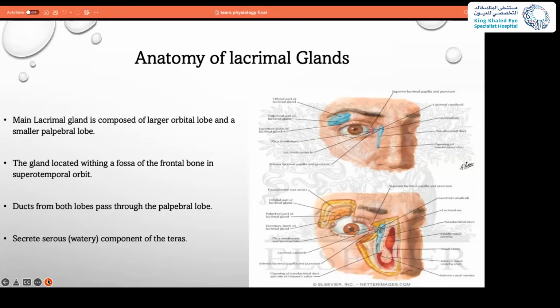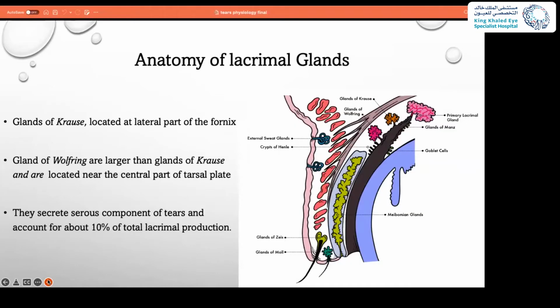The lacrimal gland secretes the serous watery component of the tears. Among the other accessory lacrimal glands, we have the glands of Krause, located at the lateral part of the fornix, as you can see in the photo. Glands of Wolfring are another type of accessory lacrimal gland, and they are larger than the glands of Krause. They are located near the central part of the tarsal plates.